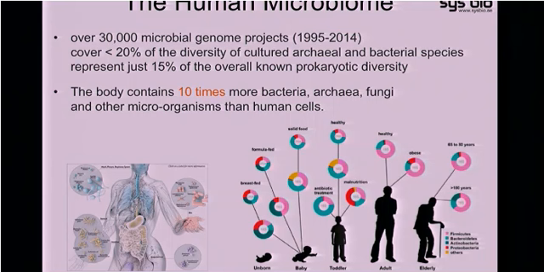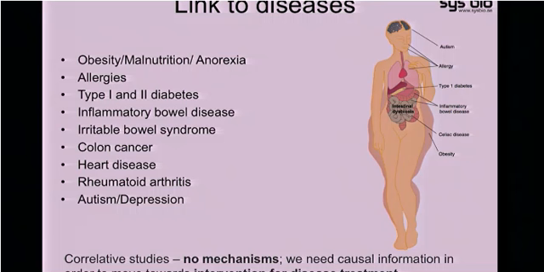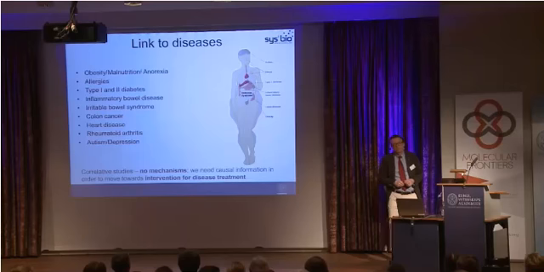And honestly, we don't really know what they are doing, but we find a lot of links to diseases. Here's a list of diseases: obesity, malnutrition, allergies, diabetes, bowel disease, colon cancer, heart disease. The list is long, even autism and depression.